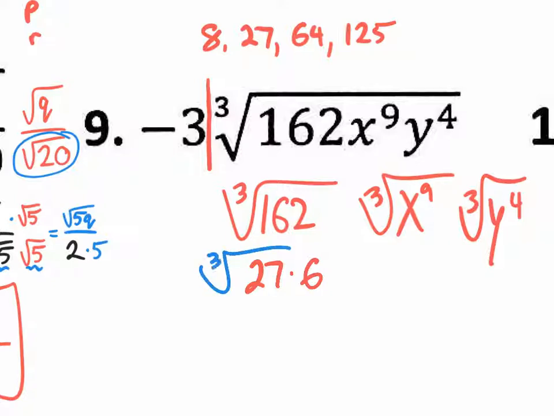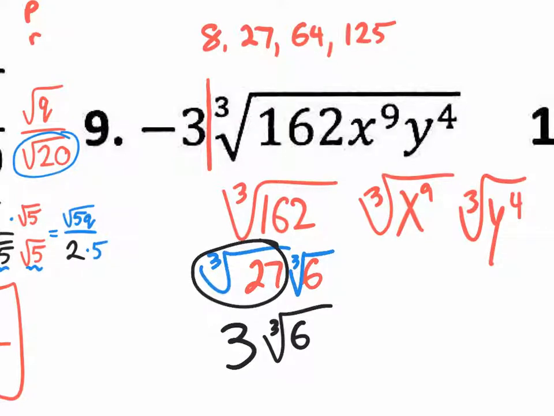That way we could split the cube root now, and we'll be able to do the cube root of 27, which is 3, and the cube root of 6 is going to stay. Now over here, the cube root is really the 1/3 power, which means I'm technically going to just divide this 9 by 3.